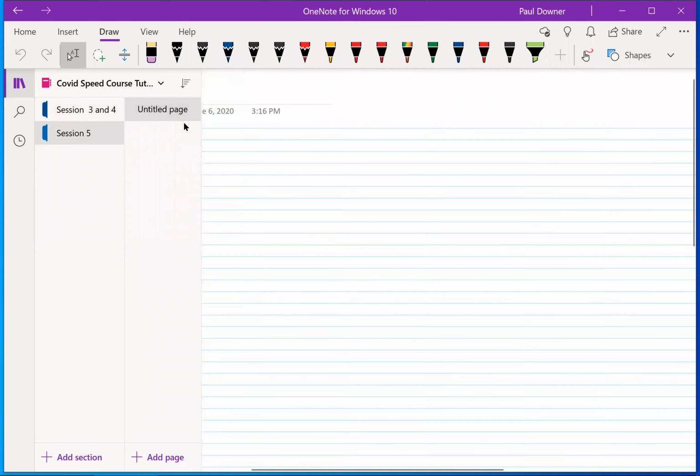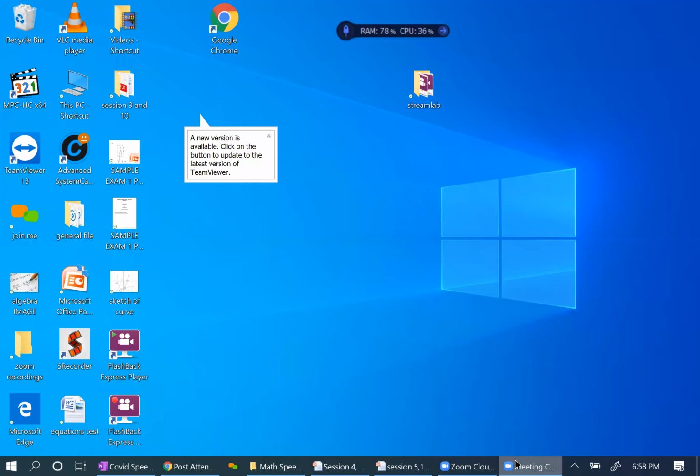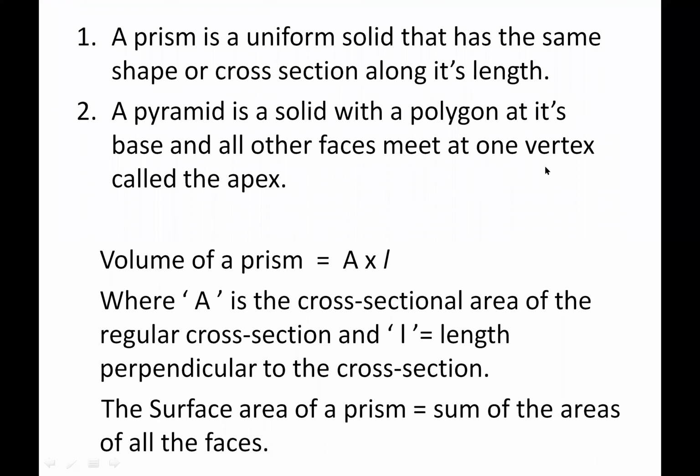In session 5, I wanted to go to the PowerPoint, because that is where we'll be able to talk about volumes and surface areas. So let's see how that went.